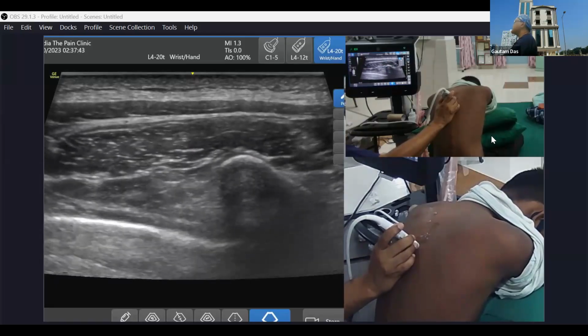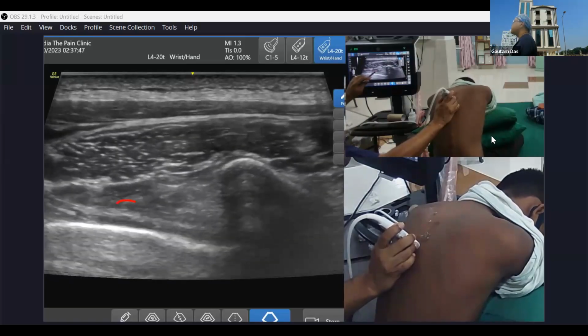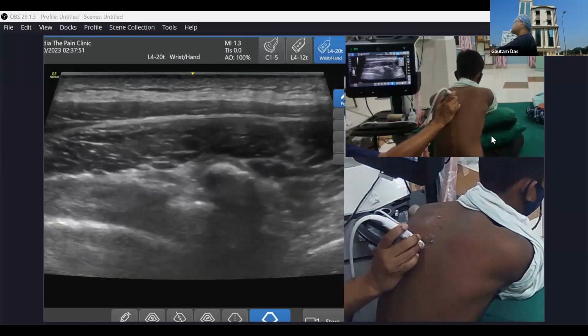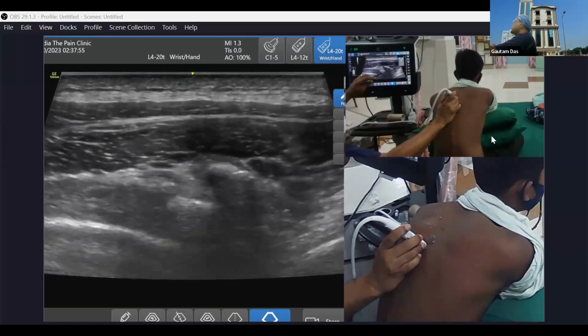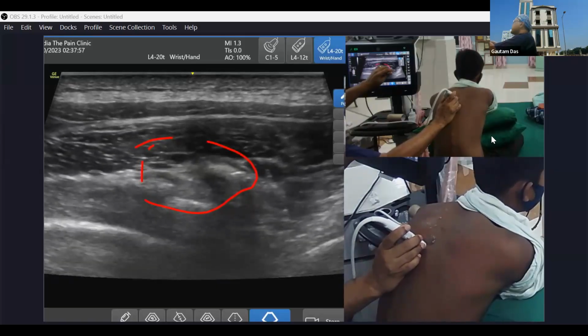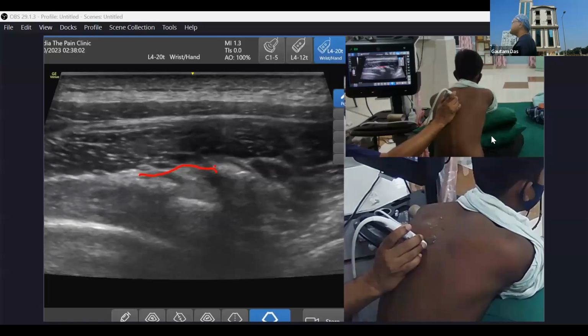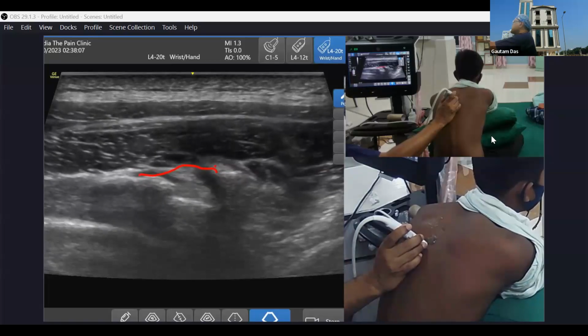If I am going up, in between are your external and internal intercostal muscles. And if I am going here, we cannot see the intercostal muscles, but you can see the transverse process, and this is your costotransverse ligament, costotransverse joint, and this is your lateral costotransverse ligament. I told you lateral and the superior costotransverse ligament. This is the lateral costotransverse ligament, which is between the rib and the transverse process.